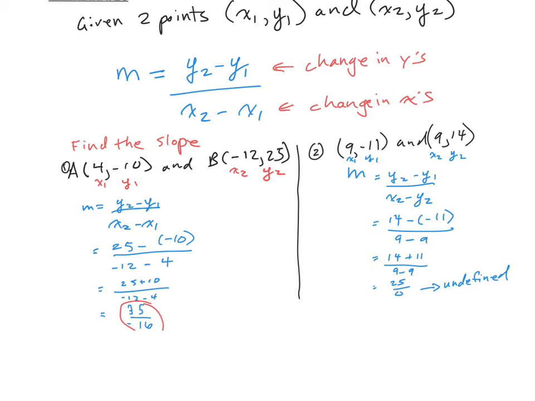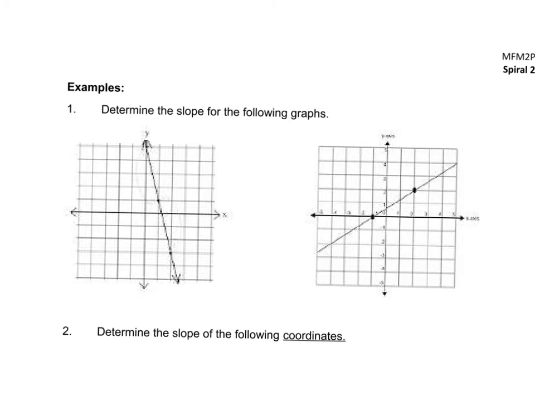Now let's do the last sheet of the day. Determine the slope for the following graphs. Find 2 points that are on the graph. So I got one here and I got one here. Rise over run: we end up going 4 down, and 1 over. So our slope is -4.